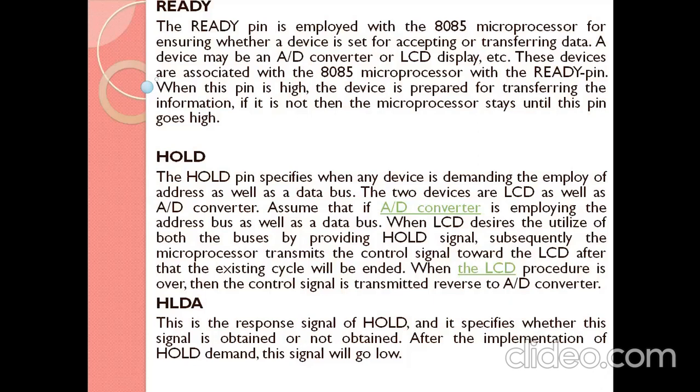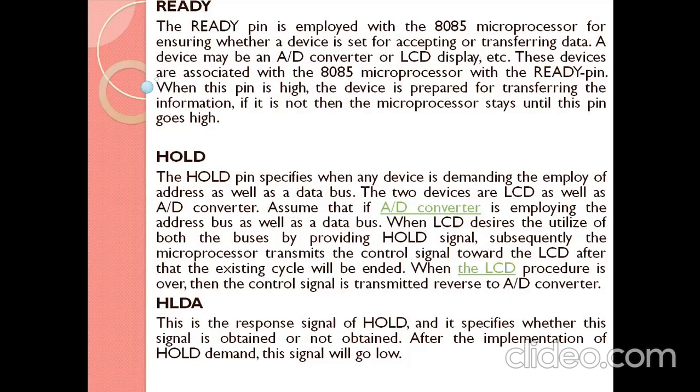Now at the same time, the LCD is giving another request to use the address bus and data bus. But the microprocessor has already allocated them to the ADC, so it will not give any acknowledgement to the LCD. After completing the ADC process, the address bus and data bus are free.